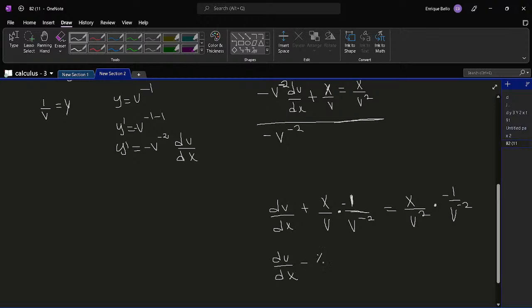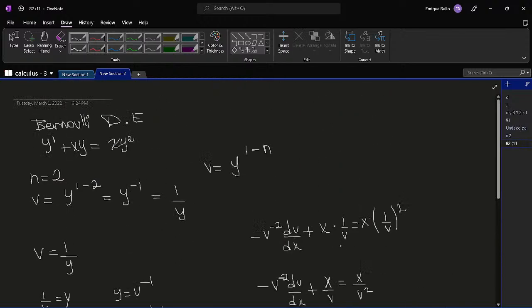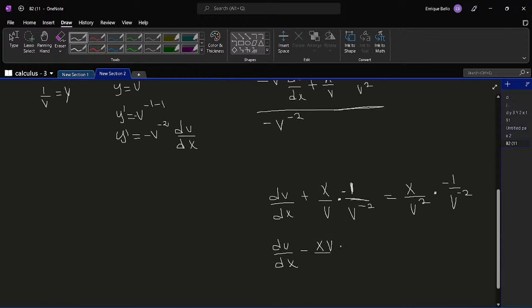Minus x over, oh, and I'm gonna add this variable. It's gonna be 1 minus 2. It's gonna be minus 1. So it's supposed to be v. Okay. Did I make a mistake? Oh, this is gonna be v.